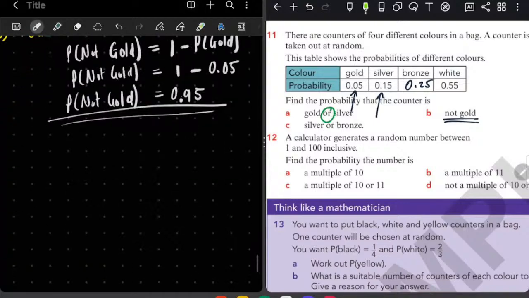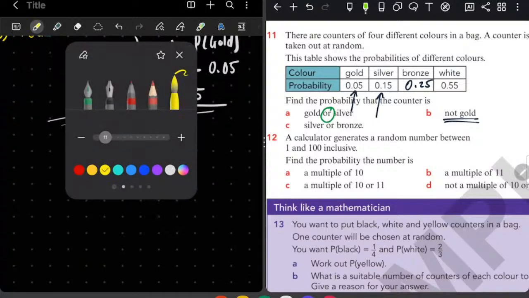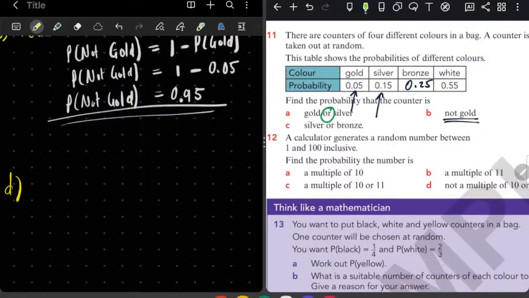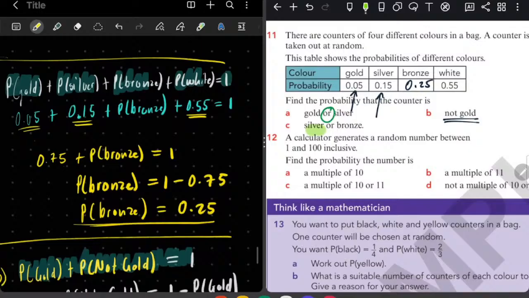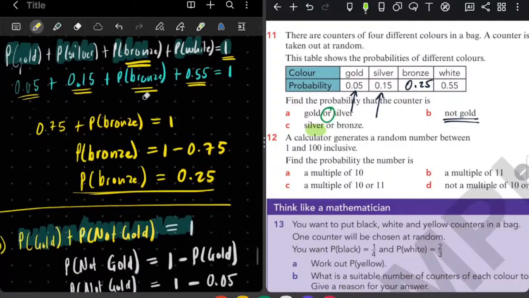Now I'm happy. This one for D, now they want probability of silver or bronze. That's where you should make sure you find bronze first, which you find using what we have done here. Add all the probabilities in the table, they should give you 1. Then you replace them like this, then you add them, and then you find probability of bronze by taking 0.75 to the other side.